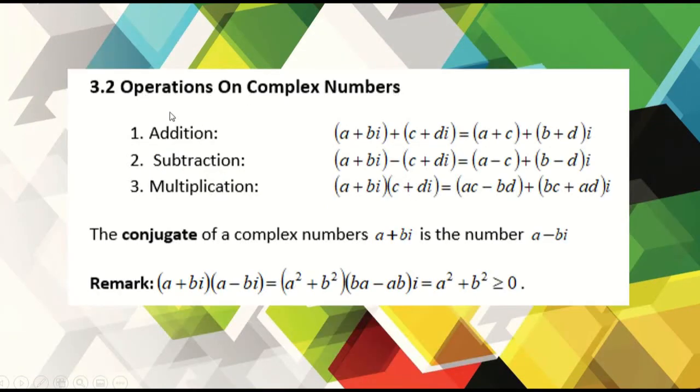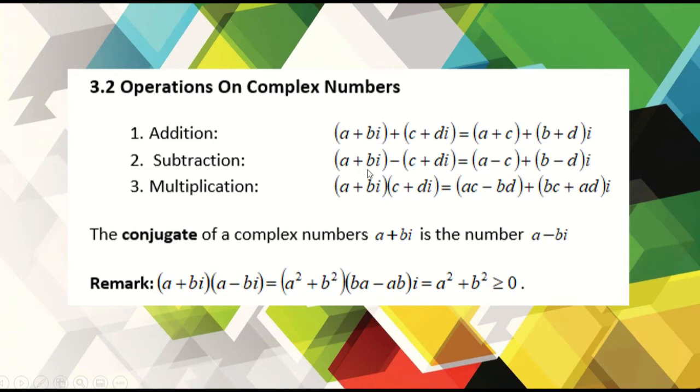Operations and complex numbers. First, we have addition. A plus b times I quantity plus the quantity of c plus d times I is equal to a plus c quantity plus b plus d quantity times I. Subtraction.